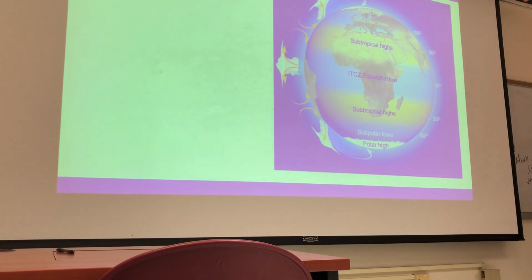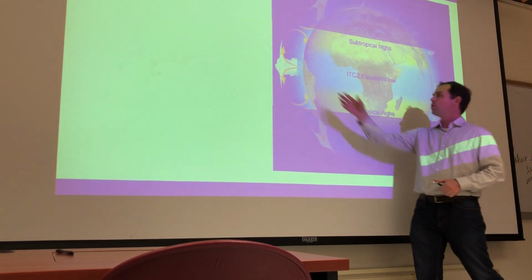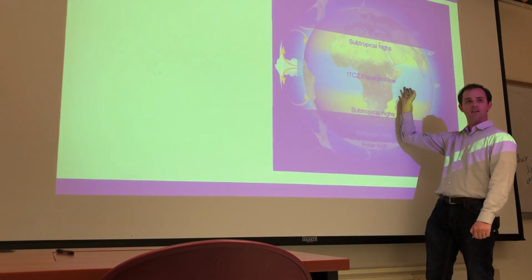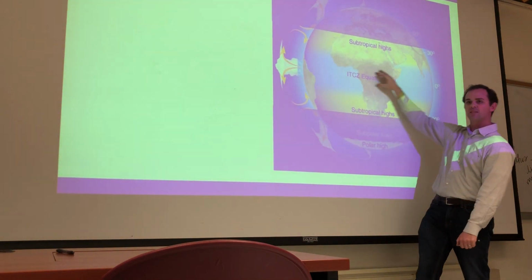Okay. So we can go even further and say that on the biggest scales, we see thermally direct circulations controlling the weather patterns of the tropics as a whole. Along the equator, we have greater heating due to the sun throughout the entire tropical belt.